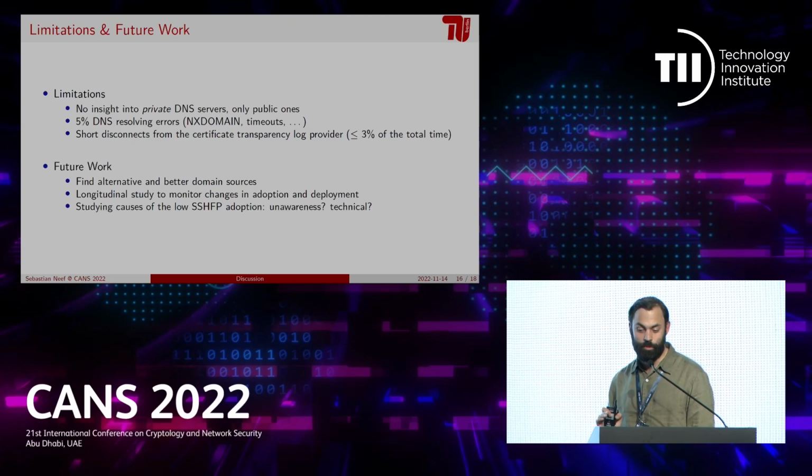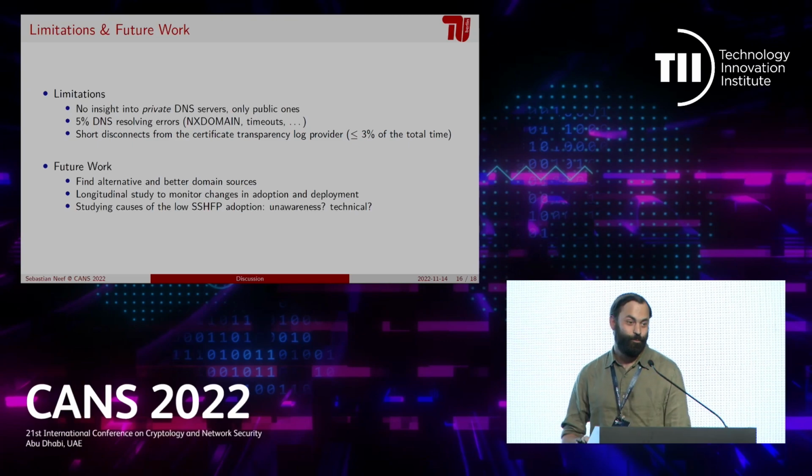And we had some short disconnects from the certificate transparency log provider that we used to obtain those domains, which is only up to 3% of the total time. So there might be some domains that could not be successfully scanned. But again, I'm currently looking into reliable DNS scanning, so I might be able to redo this scan in a couple of years, maybe in 5 or 10.